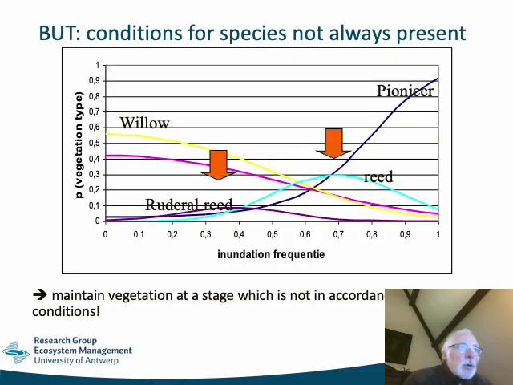But this has a lot of problems, because the development of these marshes and the vegetation in the marsh is depending on the local conditions. And the flood frequency is very important. And what you see here is the probability of a type of vegetation to occur in function of the inundation frequency.